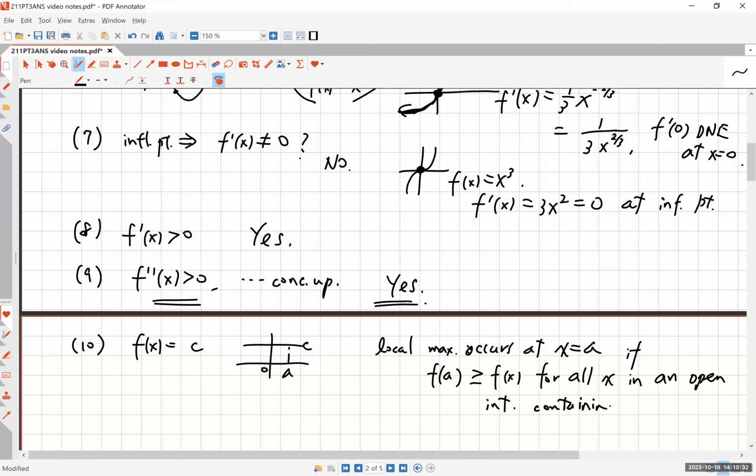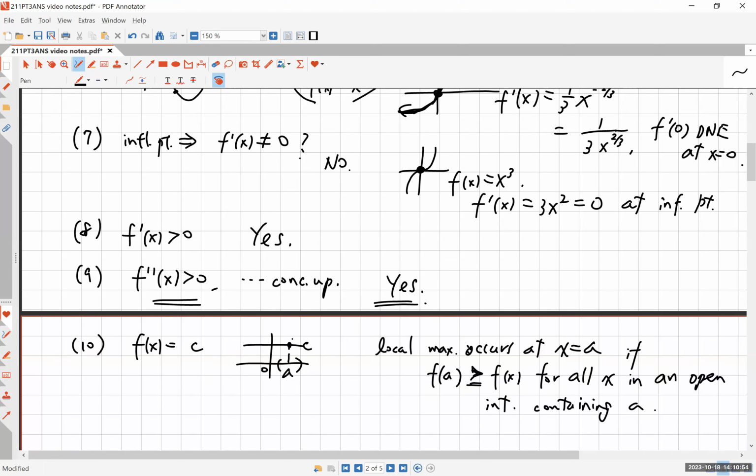So if you can find any open interval containing a, where f of a is bigger than or equal to any f of x for all x in this interval, then we call this a local maximum. So this point, okay, listen carefully.